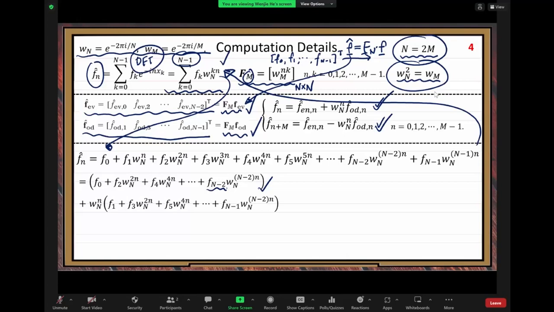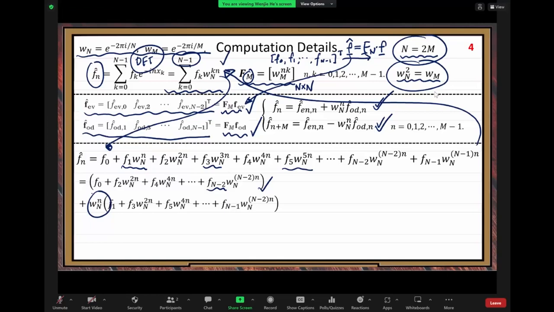When we group all those terms with odd subscripts, there is a common factor we can factor out: W sub capital N to the little n-th power. That common factor can be factored out easily.